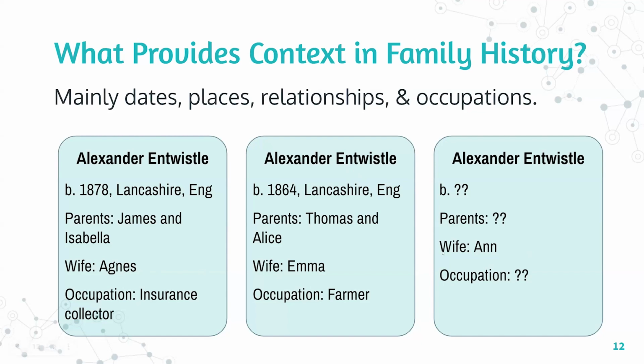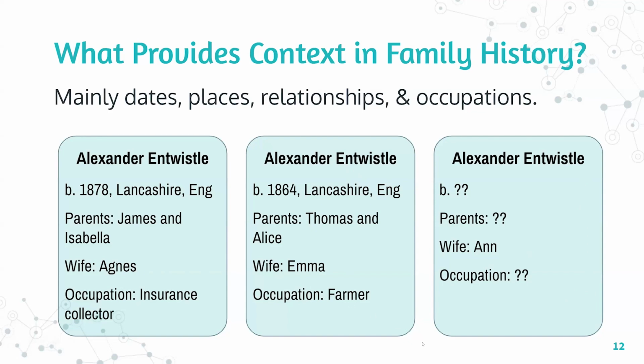Yeah, it's possible. The trouble is this profile has so little contextual information that we can't really tell who this person is, let alone if he's the same as either of these other people.